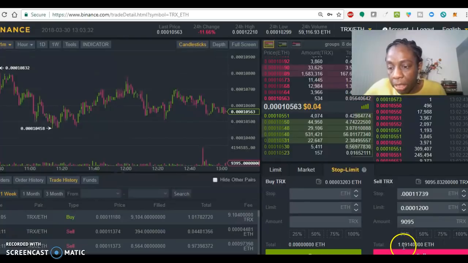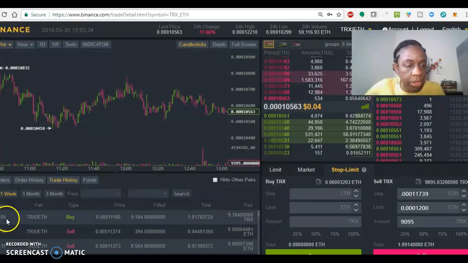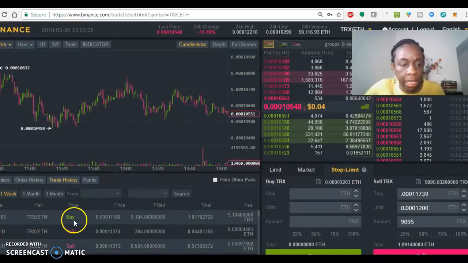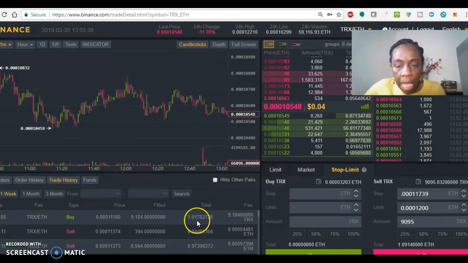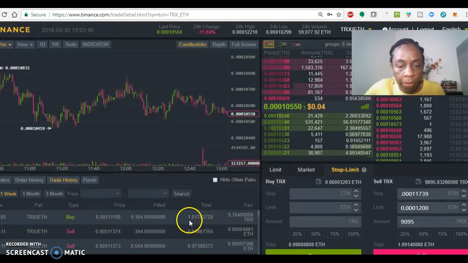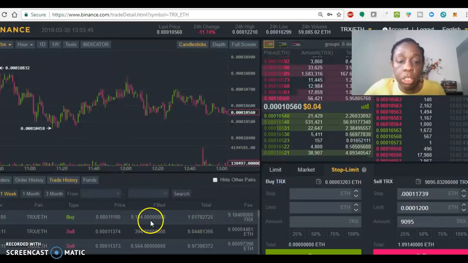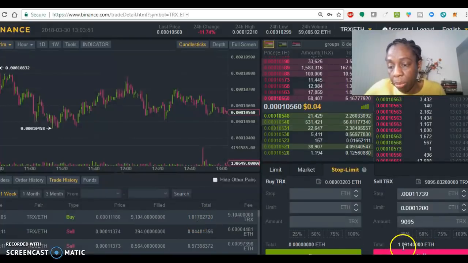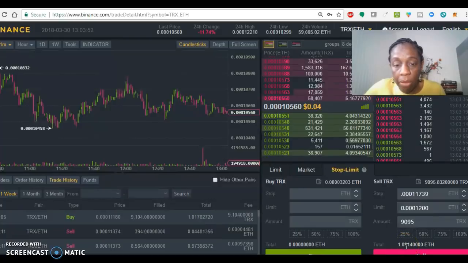Now, 1.09 Ethereum, if we go back to when I purchased my Tron coins, I used 1.01 of an Ethereum to purchase the coins. By the time I sell it at this 5% increase, it will net me 1.09 of an Ethereum.